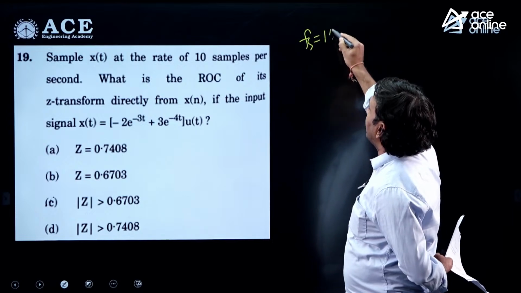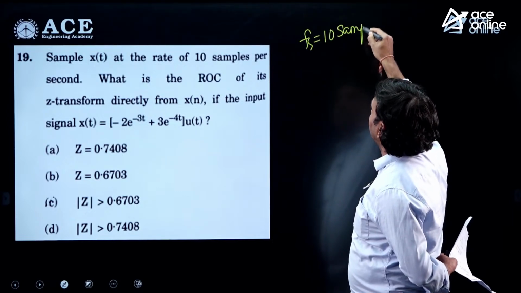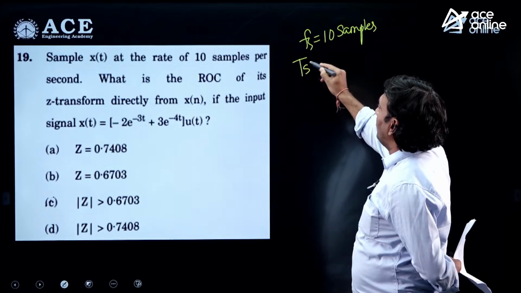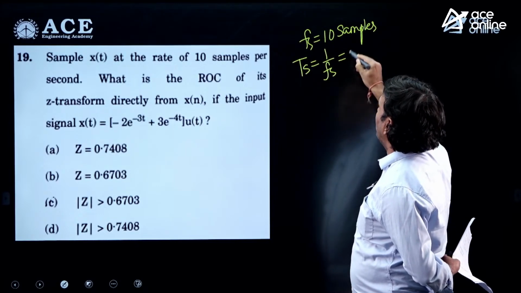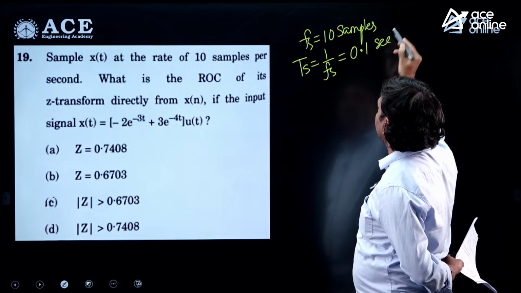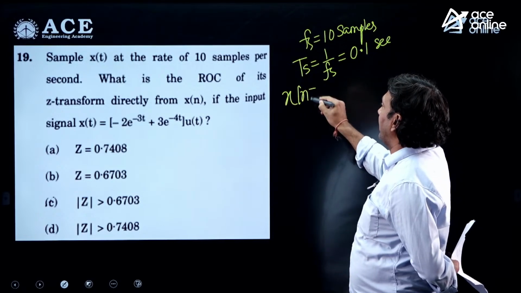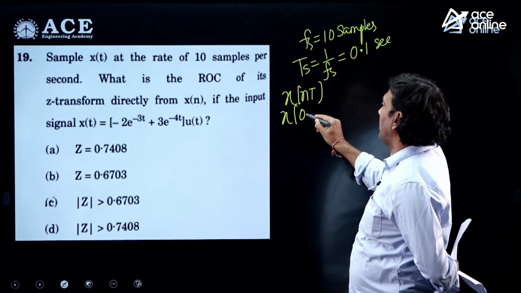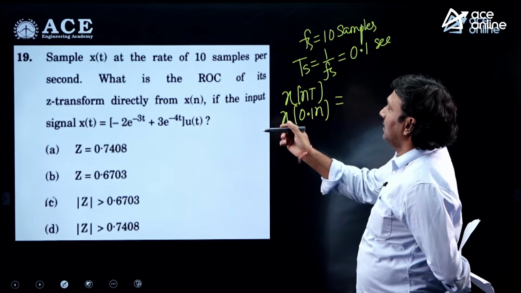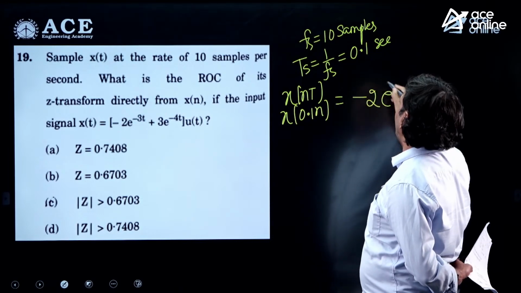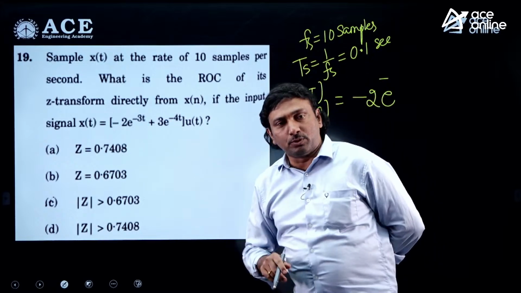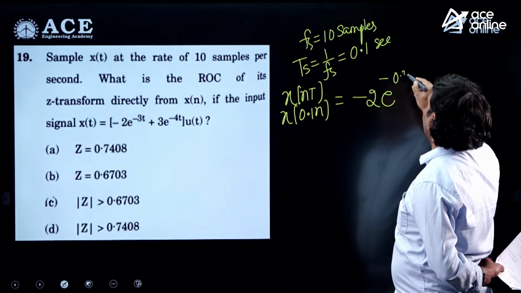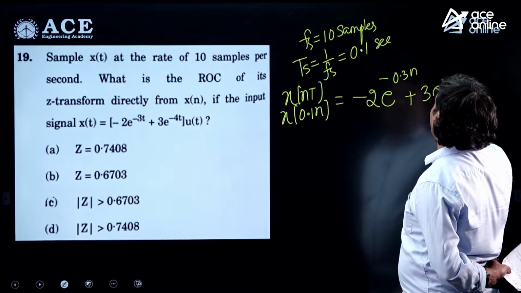Sampling rate is mentioned as 10 samples per second. So find out Ts, 1 over Fs, that is 0.1 seconds. Take the discrete form x of nTs, that is x of 0.1n. When you substitute, we get minus 2 e power minus 0.3n, and 3 e power minus 0.4n.